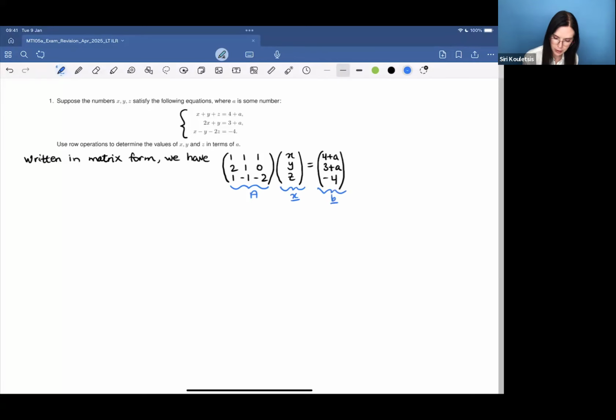Now, if we wanted to, we could give these a name. And so now we want to start our answer by creating the augmented matrix AB, and then we'll do row operations on that.